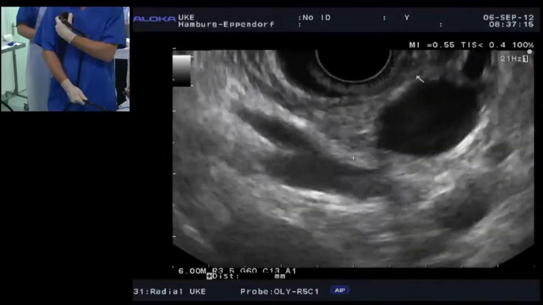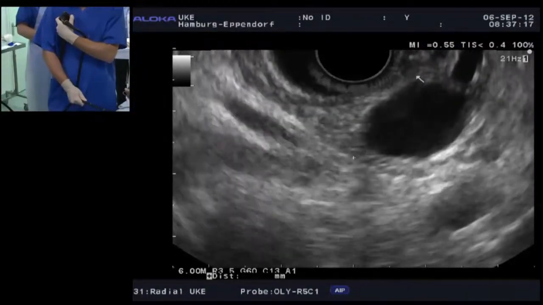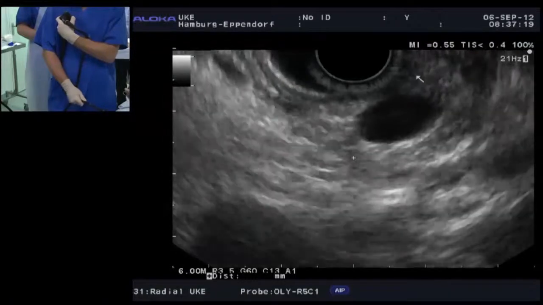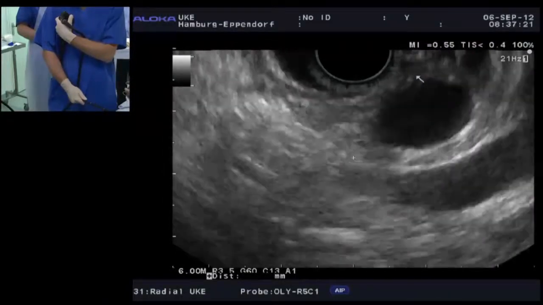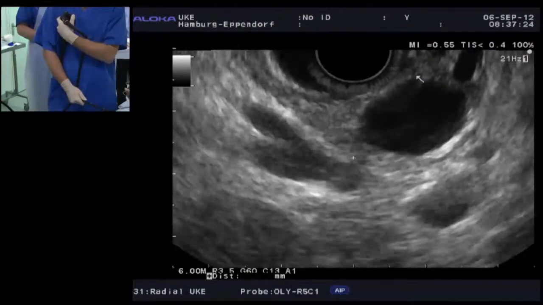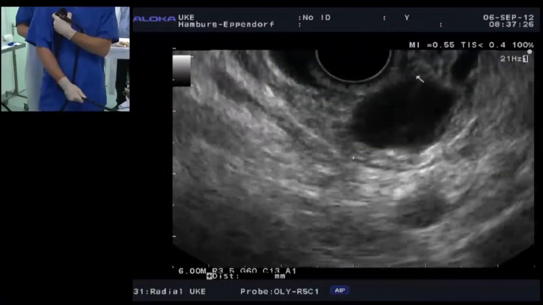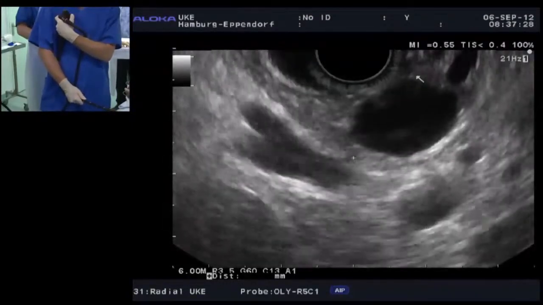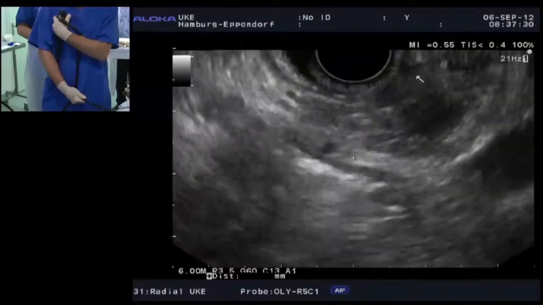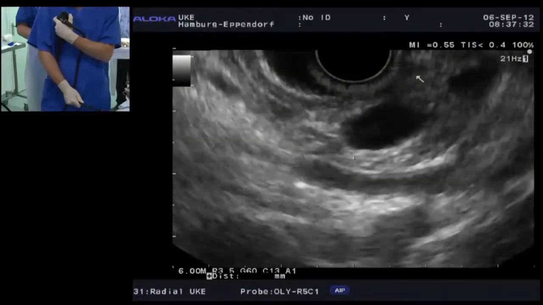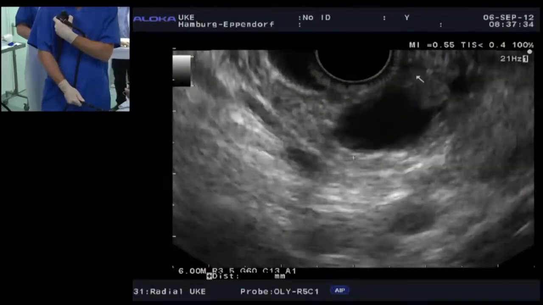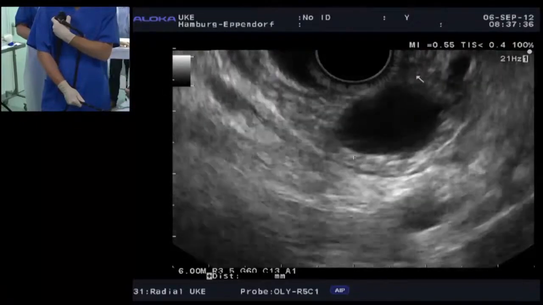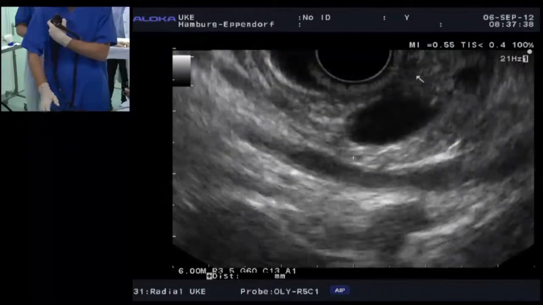We can discuss doing an FNA, but if we don't change our protocol in this patient, there is no need to do FNA. FNA could help us to show that this is mucus inside, but I'm really sure without FNA that this is IPMN of a branch duct type.